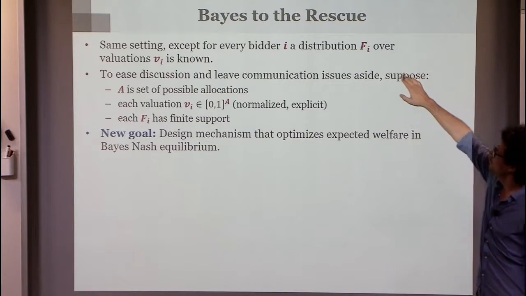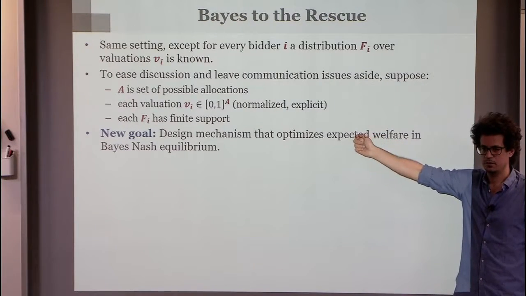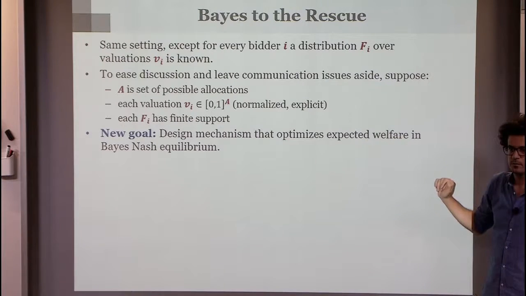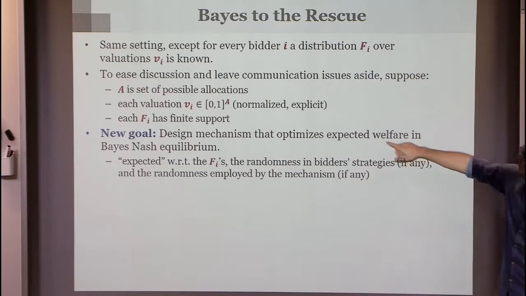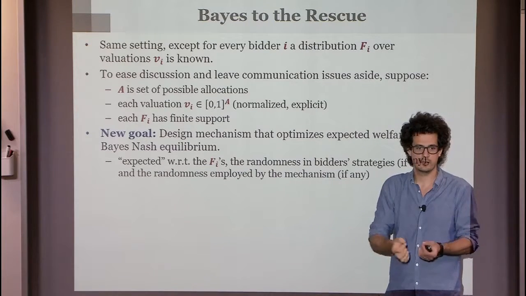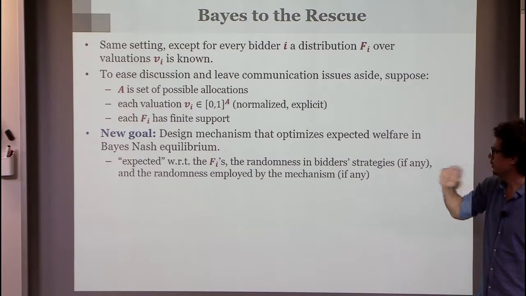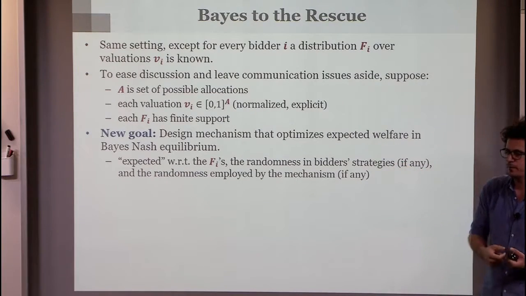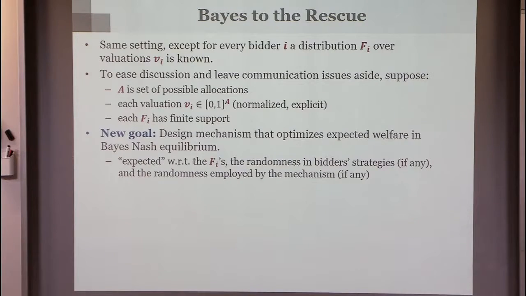Since I now have a distribution Fi, the new goal is to design a mechanism that optimizes expected welfare in Bayesian Nash equilibrium. Let me explain the terms. Expected means that I have to take expectation with respect to the Fi, the distributions from which bidders' valuation functions are drawn, the randomness in the strategies used by the bidders when they interact with the mechanism, and the randomness that the mechanism may use as a tool to improve the welfare.